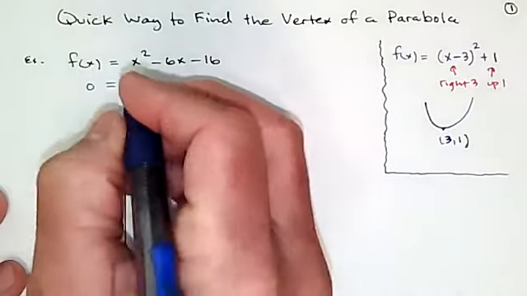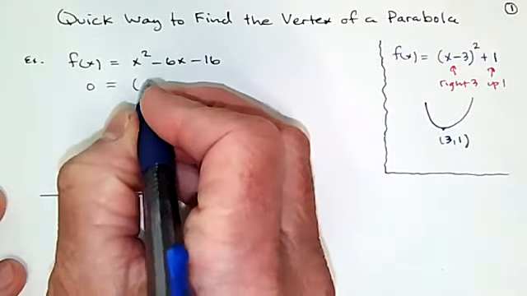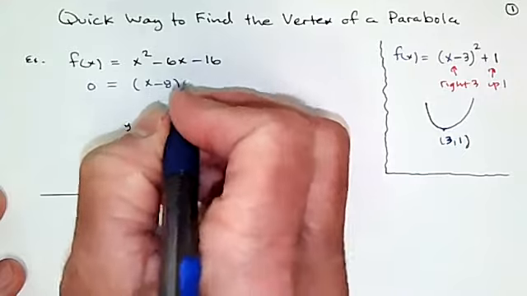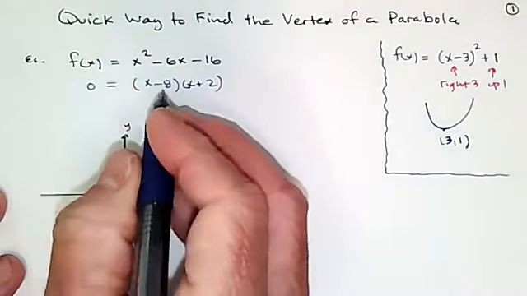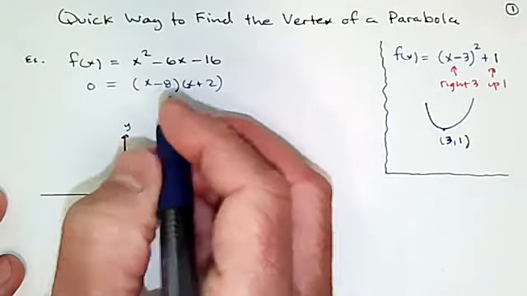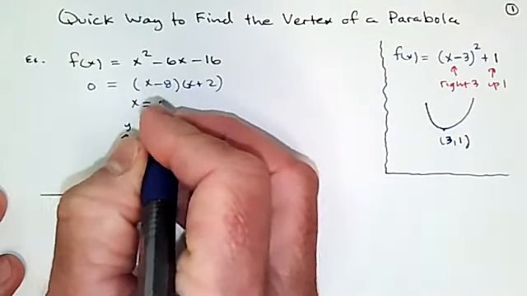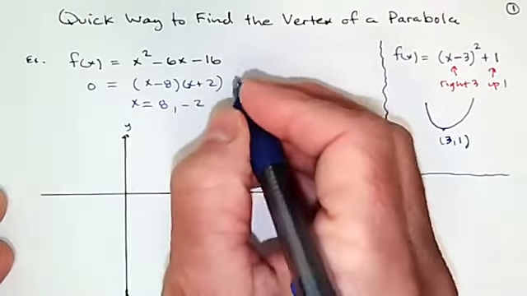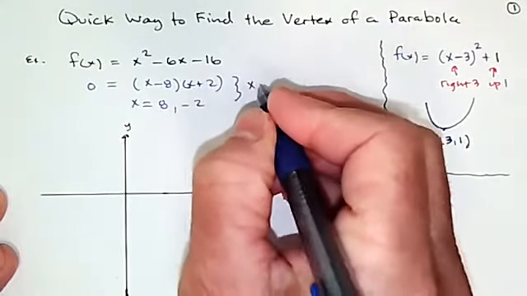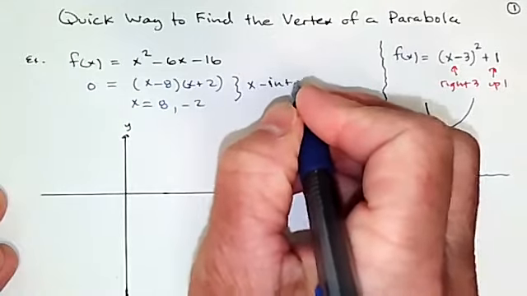If I set this function equal to 0 and factor it, it factors into x minus 8 times x plus 2. So if I set each of these equal to 0, I get x-intercepts of 8 and -2.